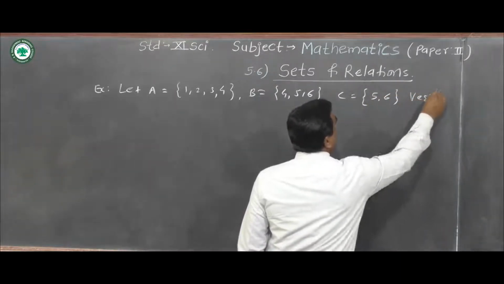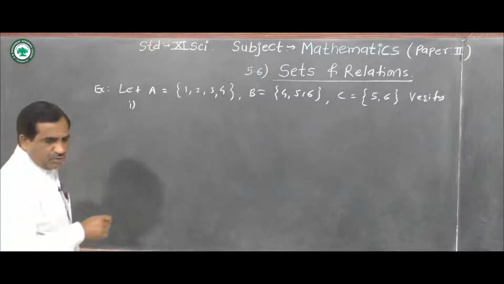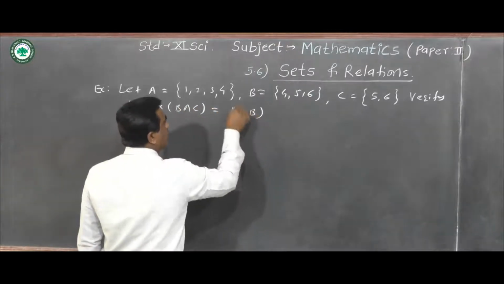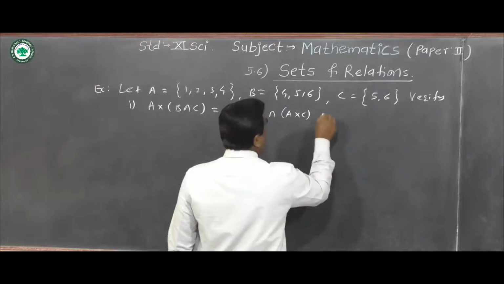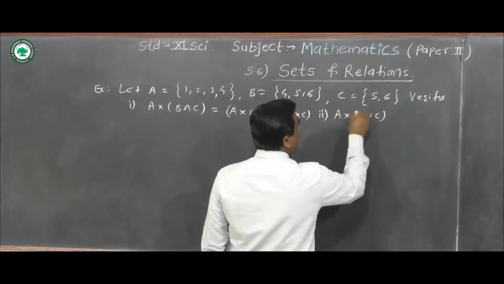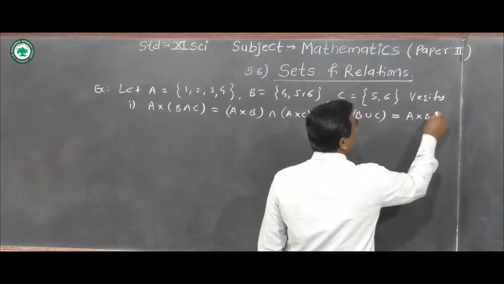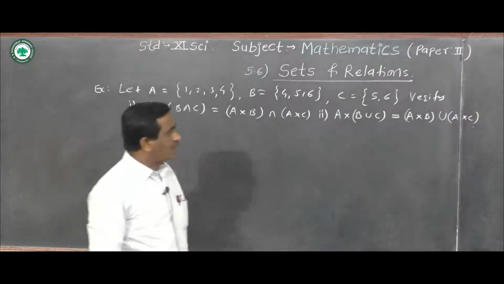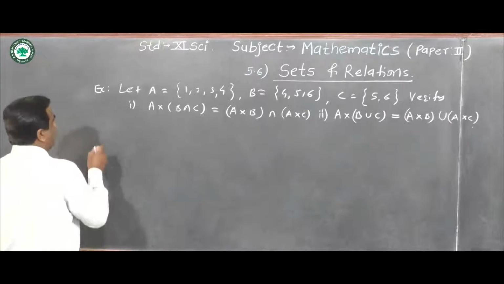Then verify that: number first, A cross B intersection C is equal to A cross B intersection A cross C. And number second, A cross B union C is equal to A cross B union A cross C. Okay, A cross B and A cross C mean the Cartesian product of A and B and the Cartesian product of A and C. Now we see the answer for this example.